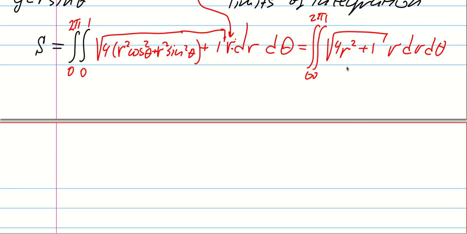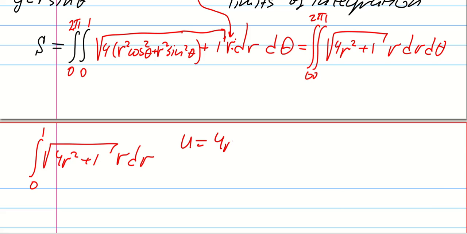All right. So we can use substitution for this square root. If we want to calculate the integral from 0 to 1 of the square root of 4r squared plus 1 times r dr, then we'll take u to be 4r squared plus 1.